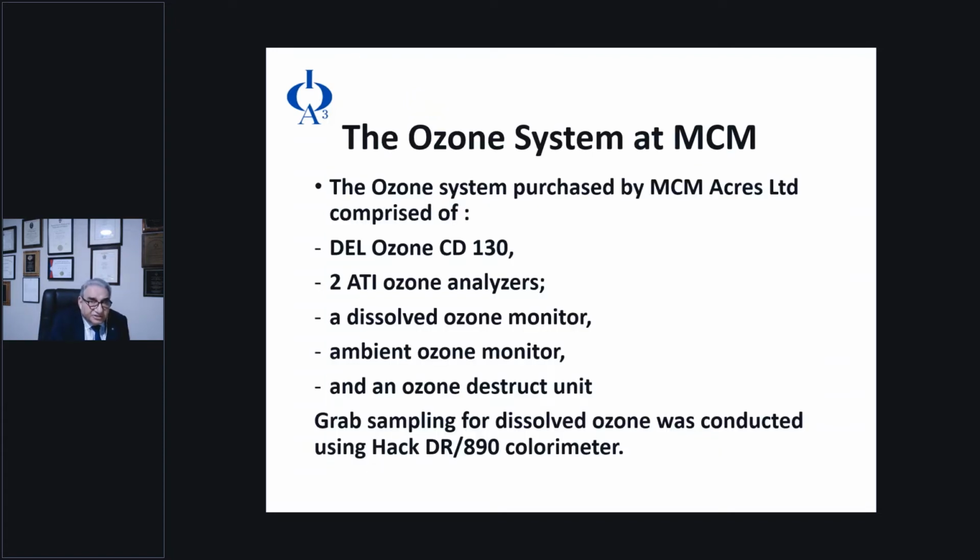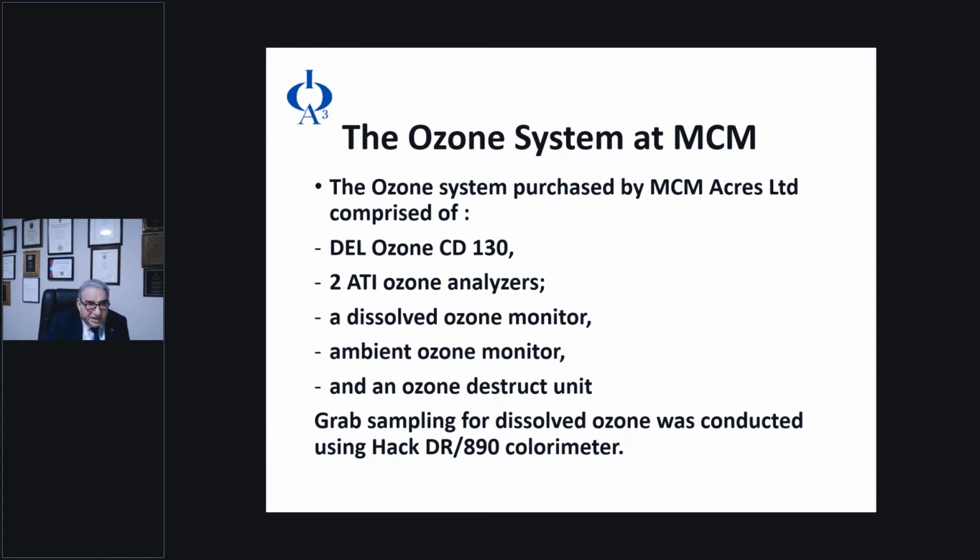So the ozone system installed: they purchased the Del Ozone CD130, and based on our recommendation, they added 2 ozone analyzers and also a dissolved ozone monitor, an ambient ozone monitor for safety for the staff, and also an ozone destruct unit in the area.